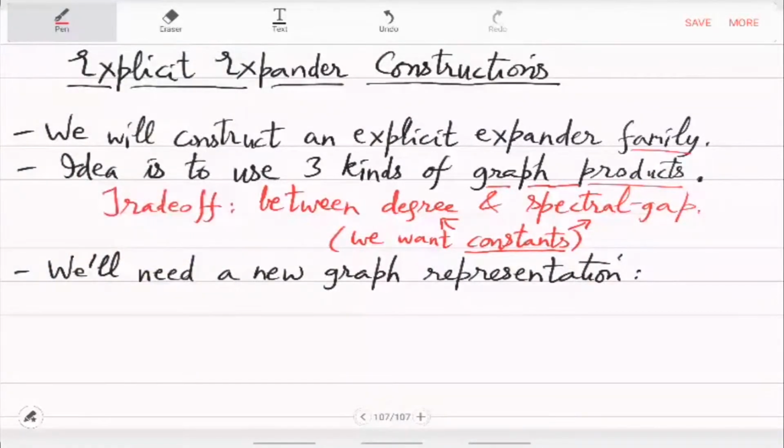So you already know two graph representations. One is the vertex edge drawing, or the actual diagram of the graph. Second is thinking of it as a 0-1 matrix, which is adjacency matrix, or normalized adjacency matrix, which is a stochastic matrix. And third is via something called rotation map.